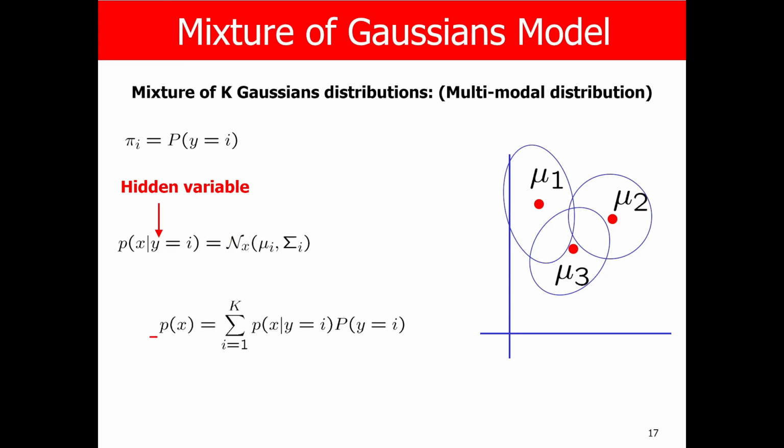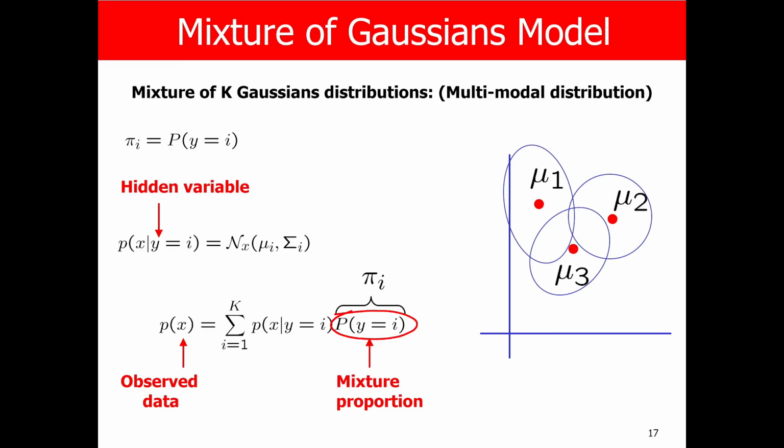Therefore, the density of x is just this expression here. We select a component i with probability P(y equals i), which is pi i, and then we use this component to generate a sample from this Gaussian distribution with mean mu i and covariance sigma i.